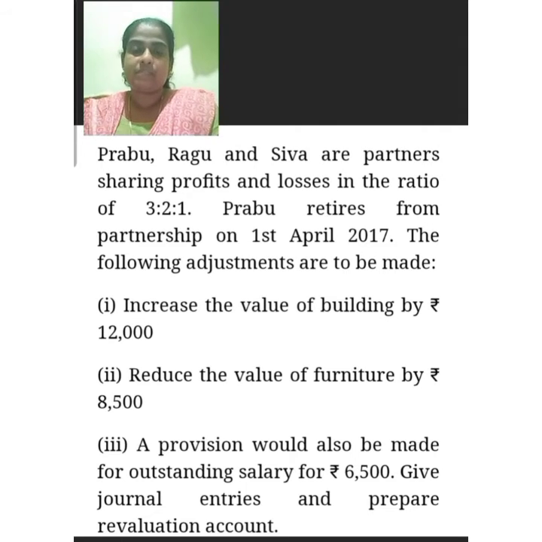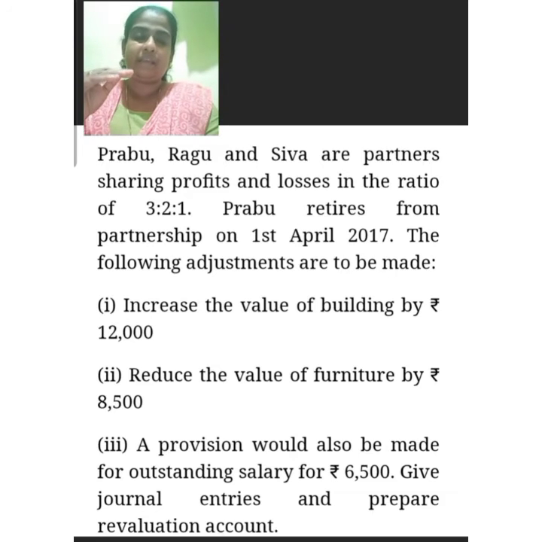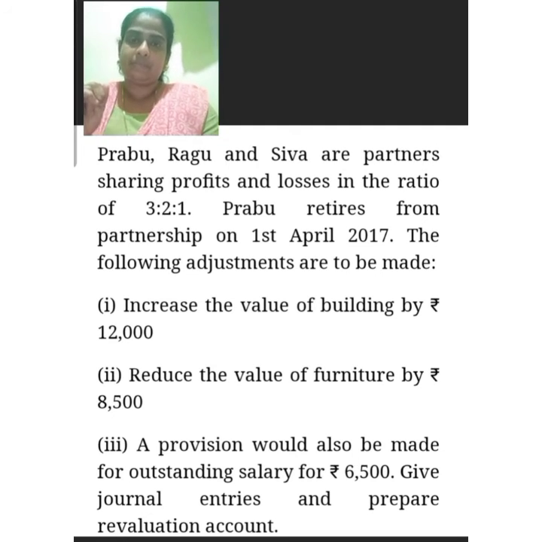Then third adjustment is provision would also be made for outstanding salary. That means we have to make the adjustment, provision of salary. That means the balance of liability will also increase. So enter the transaction on the debit side. So the entry will be revaluation account debtor to salary. Then after preparing revaluation account, next step is to find out the profit.